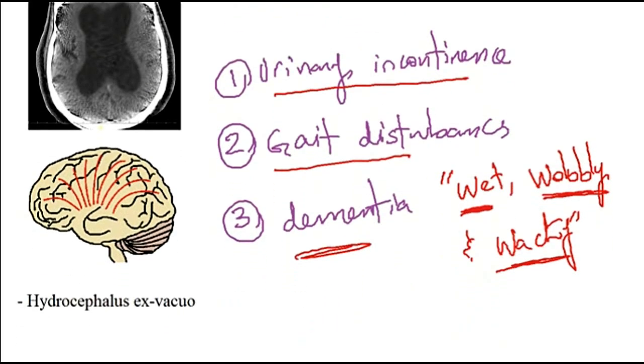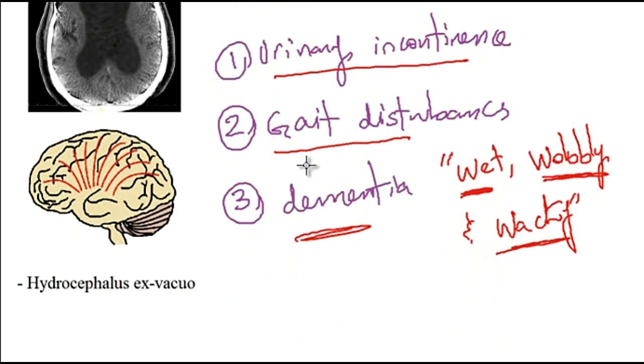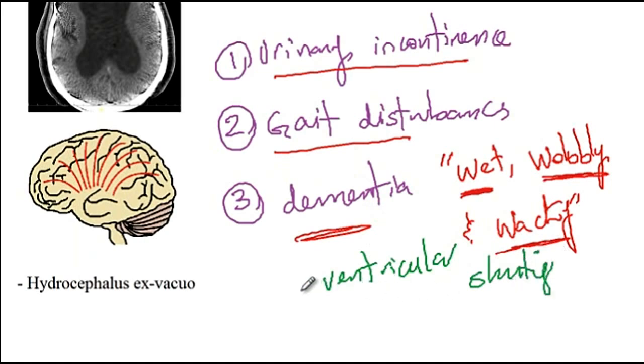And then if you're curious in terms of the treatment of what can be done for these patients, you can consider ventricular shunting. And then the alternative option is repeated spinal taps.